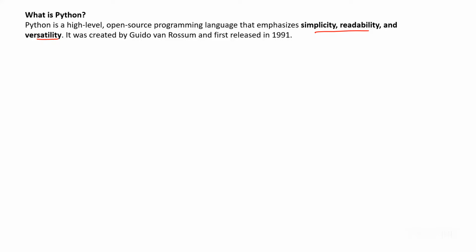Versatile means it can modify according to the situation. It can acquire whatever the context is, so it is not rigid. Okay. Also, versatile means we can use Python for web development and application development, then also for data engineering, security, in every place we can use Python.